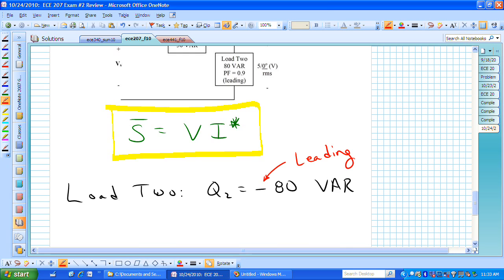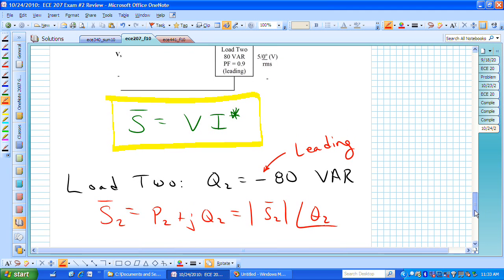The complex power S sub 2 is P2 plus jQ2, or the apparent power magnitude at an angle of theta sub 2. We have now been given Q sub 2, and we know its sign because it's leading, so it's vertically down.